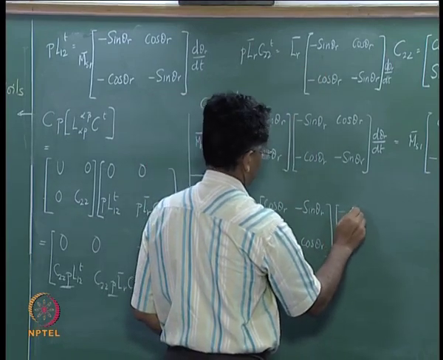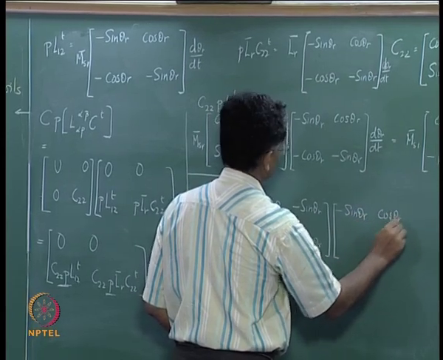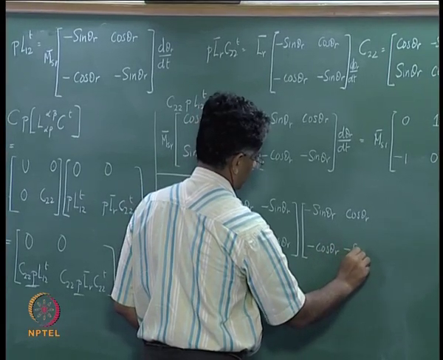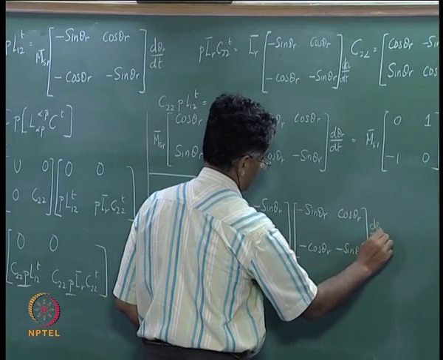So, minus sin theta r cos theta r, minus cos theta r minus sin theta r, multiplied by again d theta r by dt.